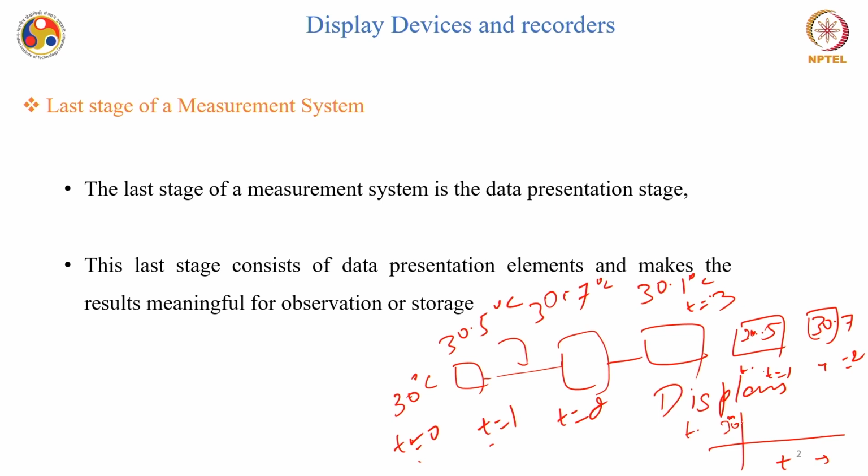So 30 degrees Celsius goes to say 30.5 at t equal to 1, then it keeps on increasing till t equal to 2, and then it comes back to 30.1 at t equal to 3, okay. So you can see this data continuously on the screen. So you have display devices which can have this kind of capability, okay. That's why I mentioned that these display devices are actually the last stage of any measurement system, okay.